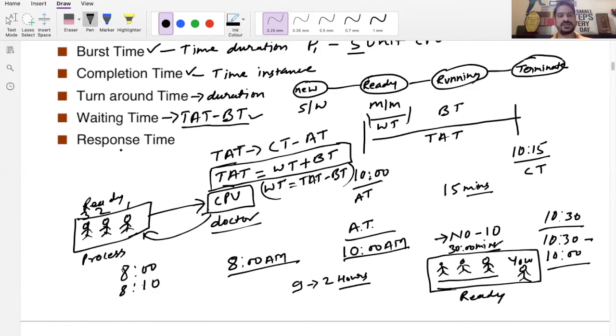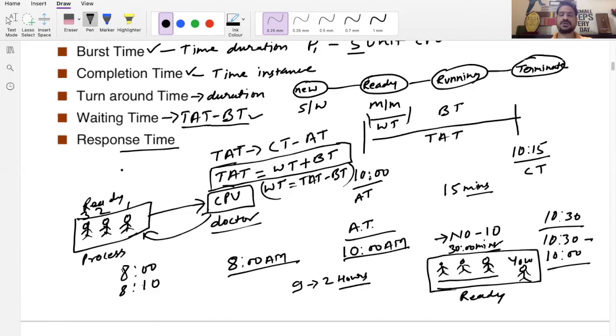Now the last one is the response time. What is the response time? Response time is the time when a process is allocated the CPU for the first time. When a process gets the CPU first time, that time is called response time.